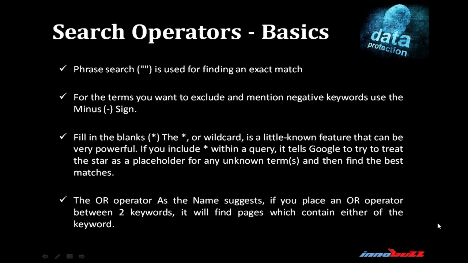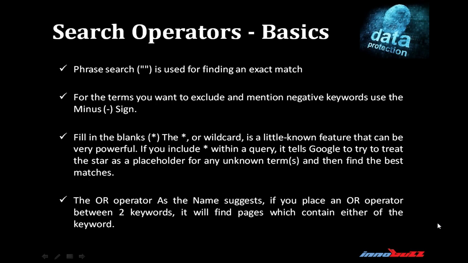Let's check the methods by which we can find better results for the query. First is phrase search. It is used for finding an exact match of the query you entered in Google. If you want to exclude a term from your search, use the negative sign. Use of wildcard is a little known feature that can be very powerful.